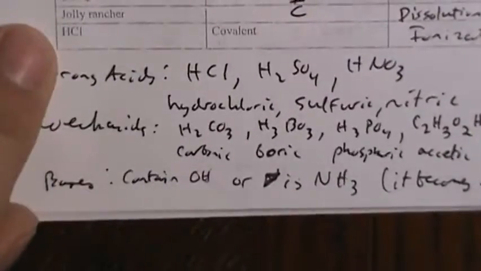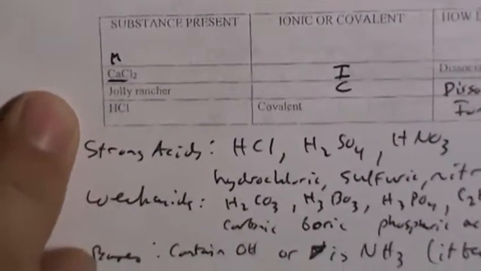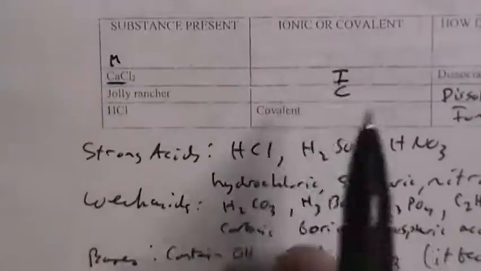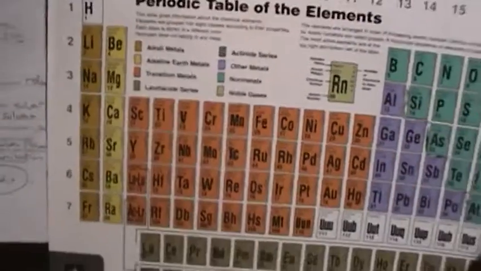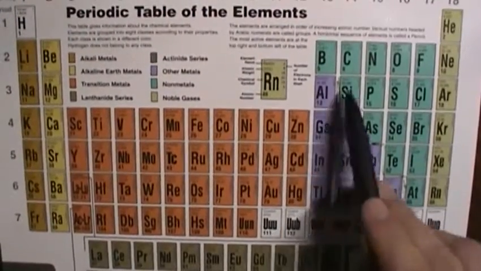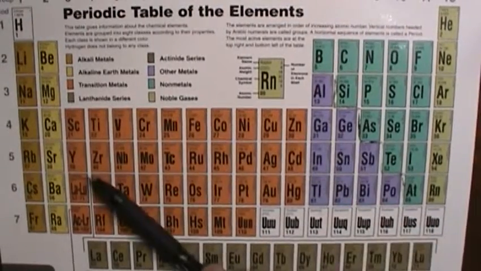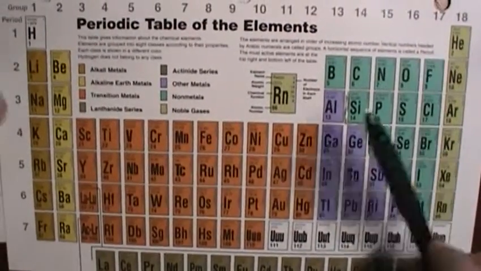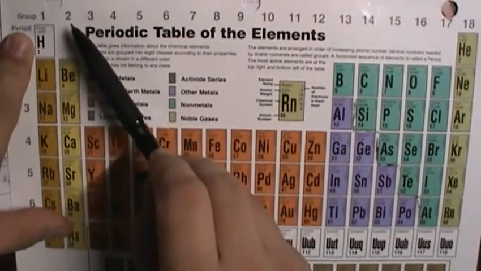Calcium chloride. Well, the key here is that calcium is a metal and chlorine is a nonmetal. Therefore, we know it is an ionic compound. And just remember the distinction for determining metals versus nonmetals is the staircase boundary, separating metals on the left from nonmetals on the right, except for hydrogen, who hangs out with the metals because of that +1 charge it likes to make.